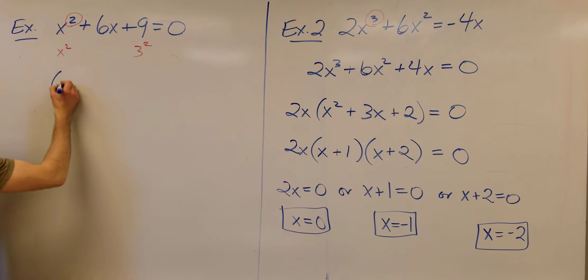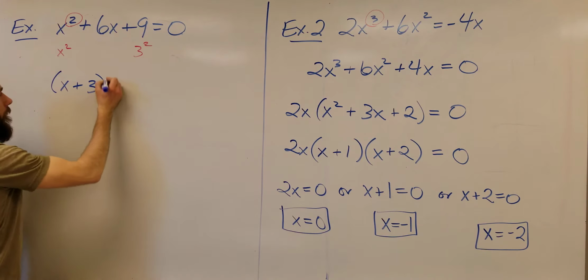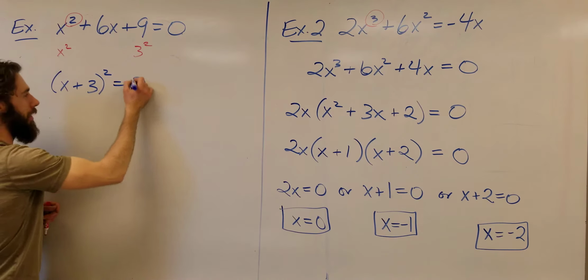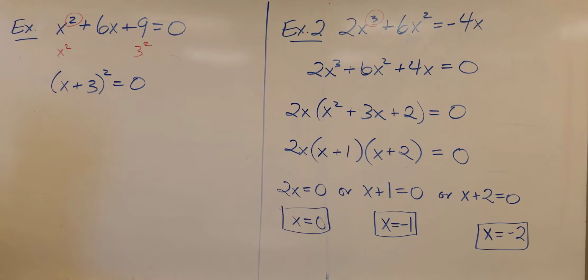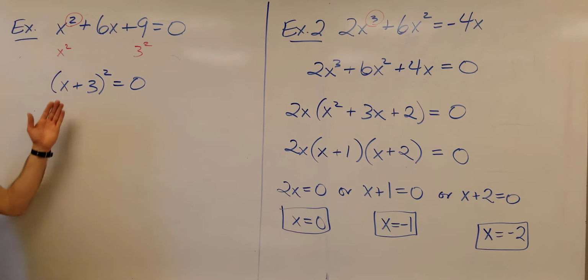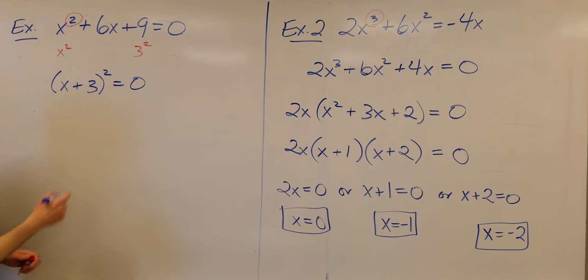So indeed it is. So we factor that out as (x plus 3) squared. And now what that means is, okay, we do have 2 factors here. They're just the same.